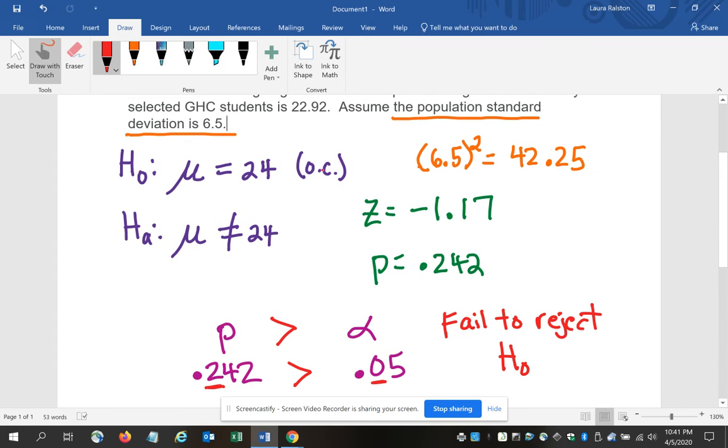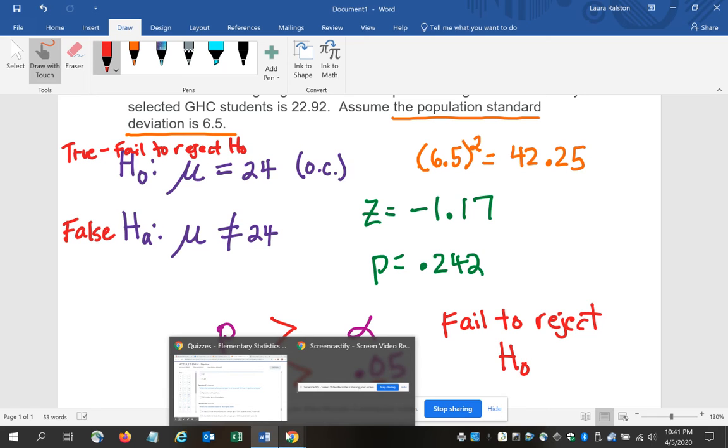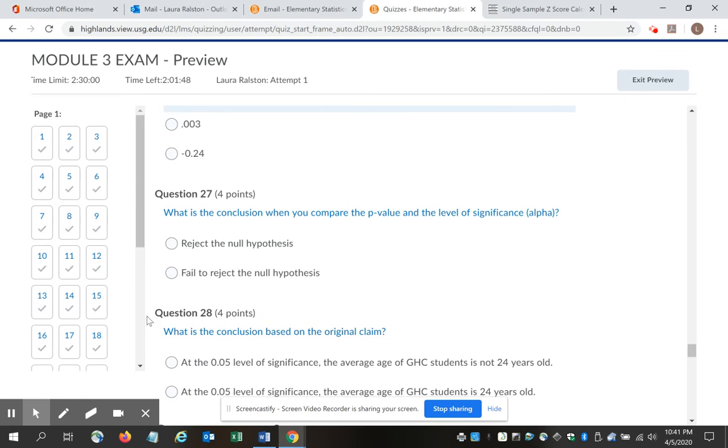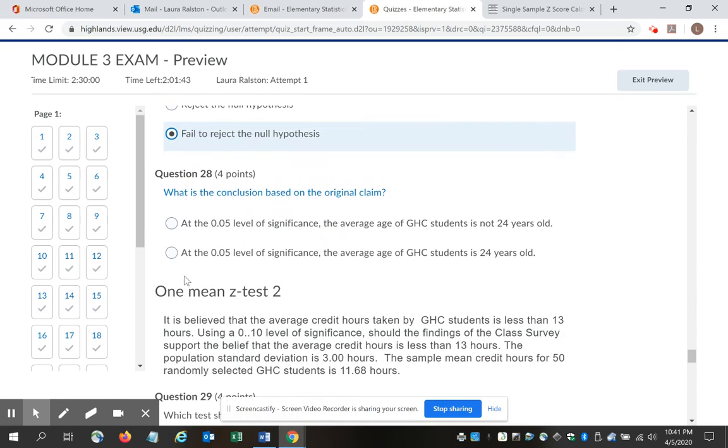That means that we believe the null hypothesis is true because we fail to reject H sub O. And then by default, the alternative is false. So if the null is true, we're saying that the average age is 24 as we believe. Okay, so we're going to fail to reject, and we believe that the average age is 24.